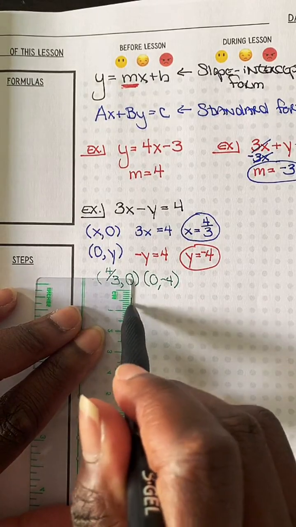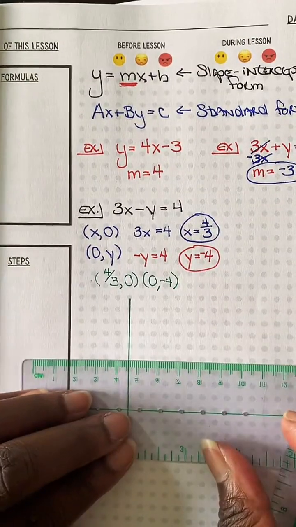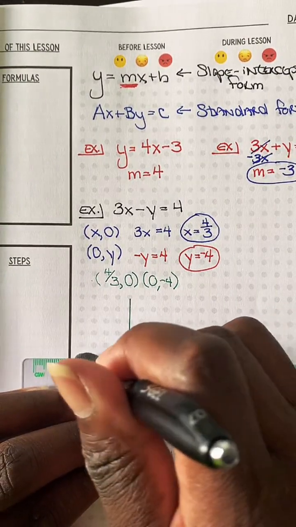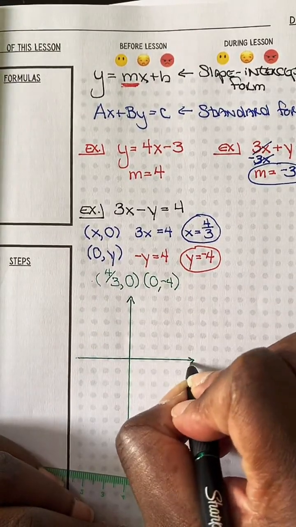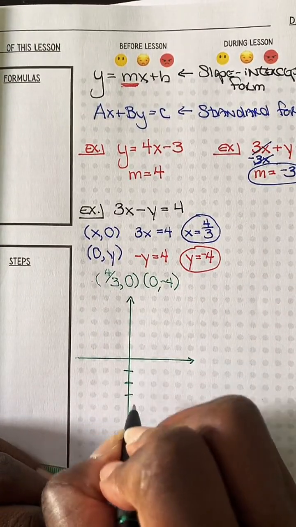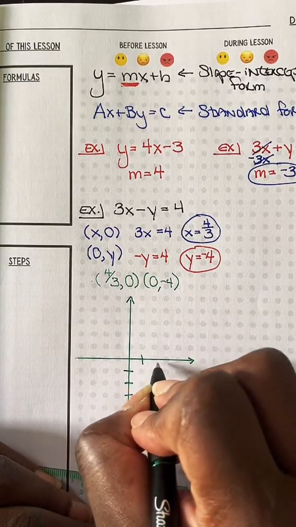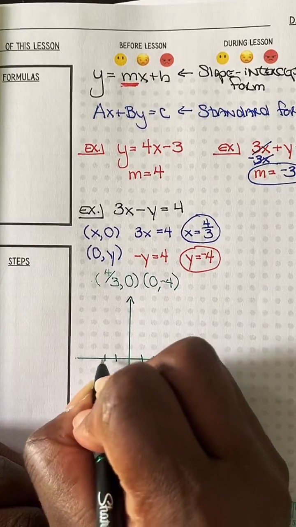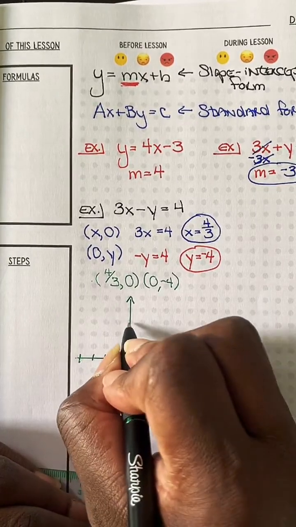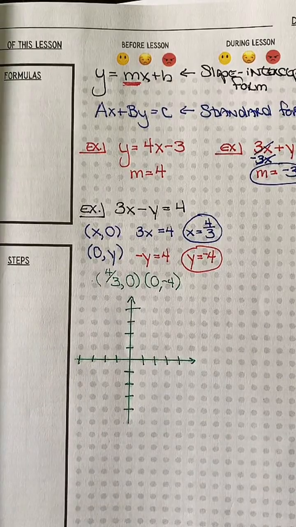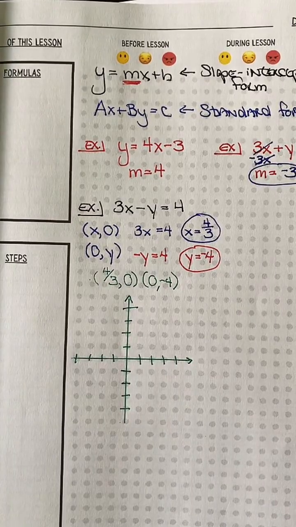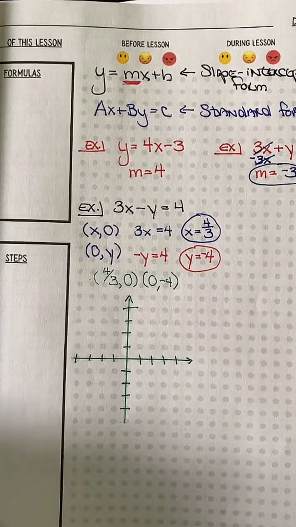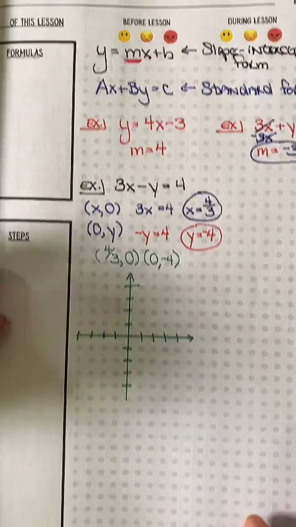I'm just going to draw a quick little graph. You're probably asking, how am I going to graph 4/3? Well, 4/3 is roughly 1 1/3, so you're going to do what's called a guesstimate.